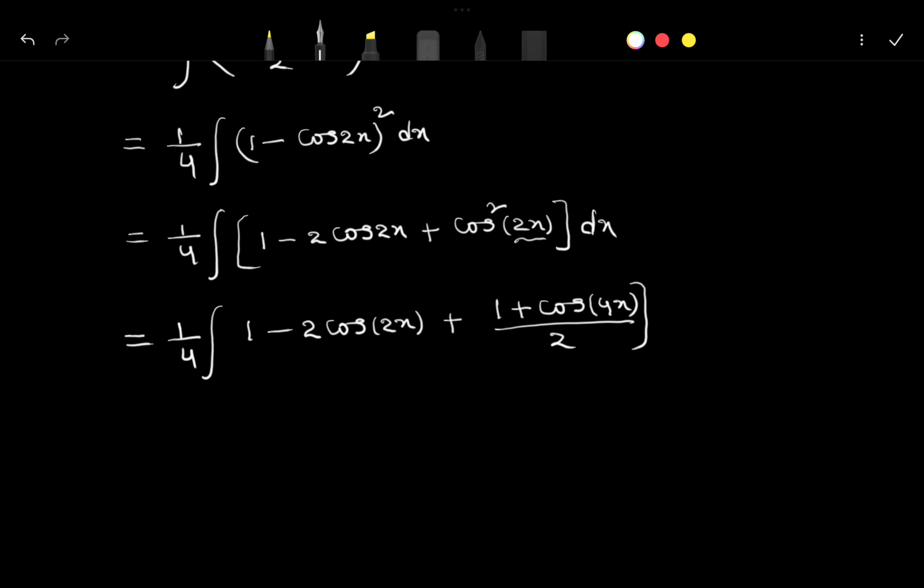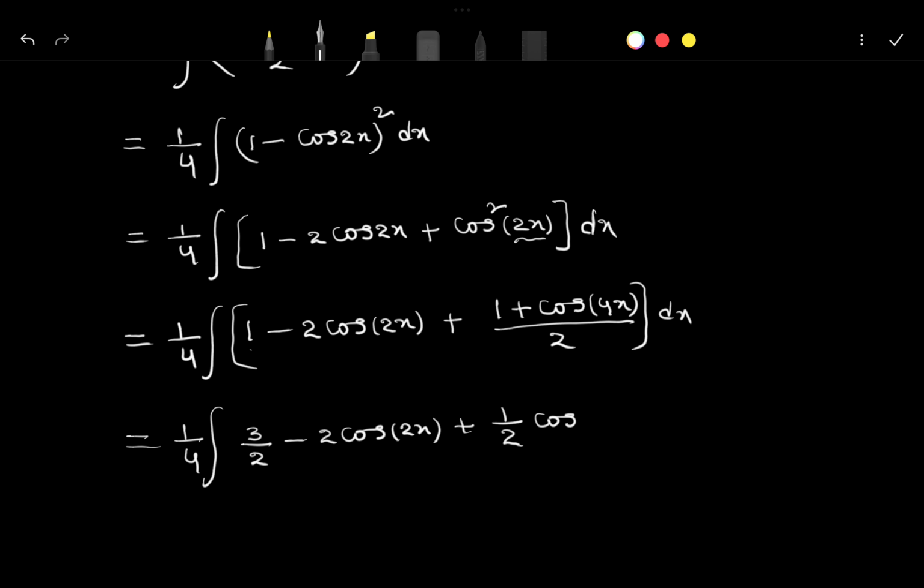Now you simplify: 1 by 4 into the integration of 1 plus 1 by 2, that is 3 by 2, minus 2 into cos 2x, plus 1 by 2 into cos 4x.